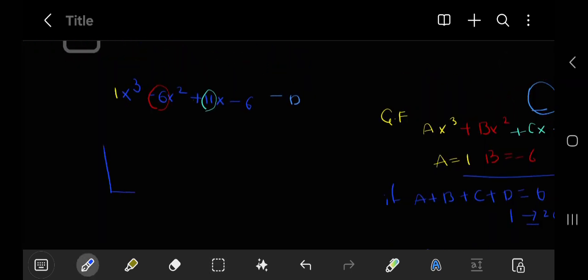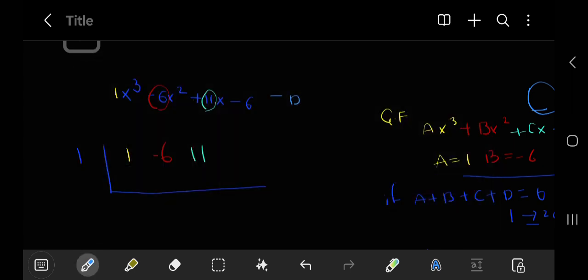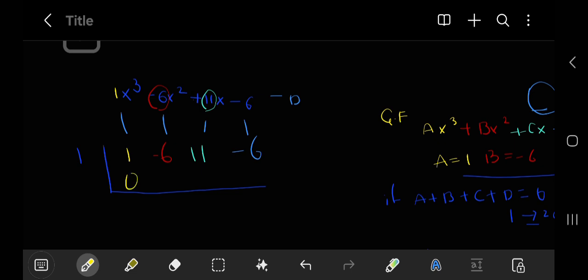So now here, let's take a box. I have my 1 as the zero outside, and all the coefficients in the box: 1, minus 6, 11, minus 6. Now my coefficient of x cube comes down. So I have written down 1. 1 into 1 is 1.